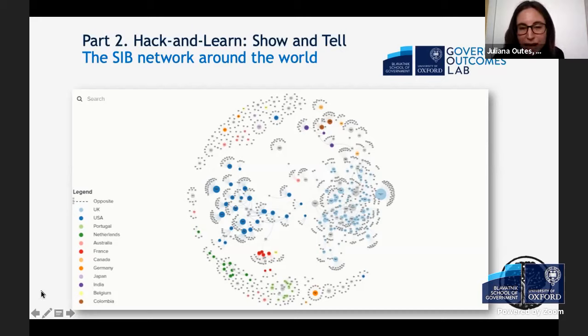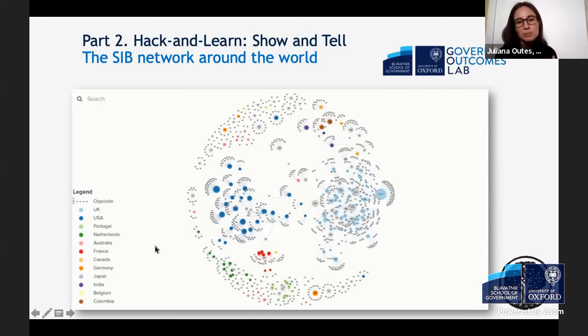The light blue dots are the UK SIP market, which is really big, and it is followed by the US SIP market, which are the blue circles. In the rest of the world, you will not find big ecosystems, but very small ecosystems that are just about to start. So you can really see the difference.